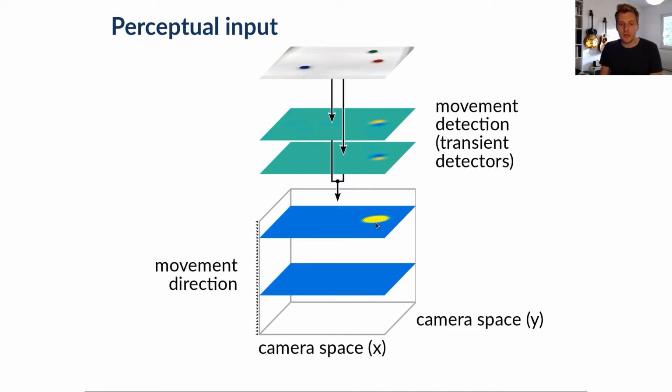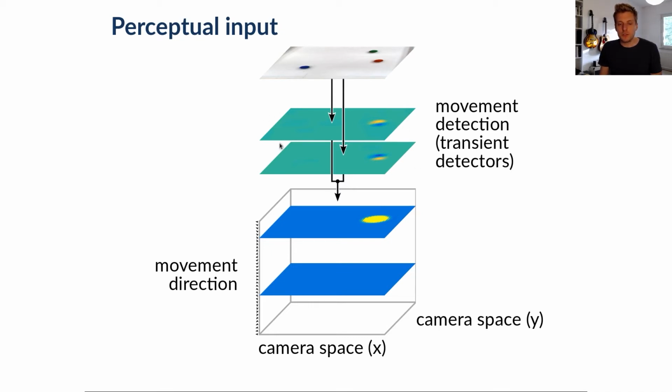So if you have an object that's moving in the scene, for instance, this red object is actually moving toward the green one, then the movement direction of that red object is represented here with a peak at the particular position of the movement direction. You can see it's moving to the top left here, so the peak stands here. If an object is not moving at all, like the blue and the green object, you don't have a peak in this field.